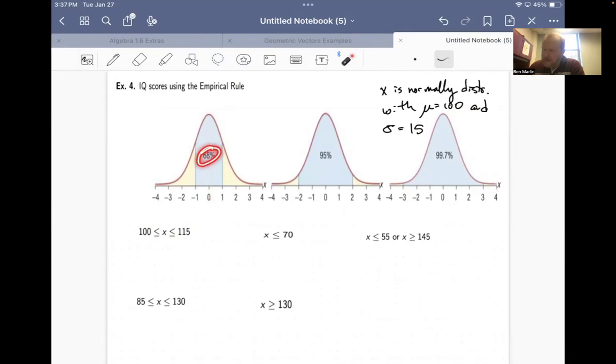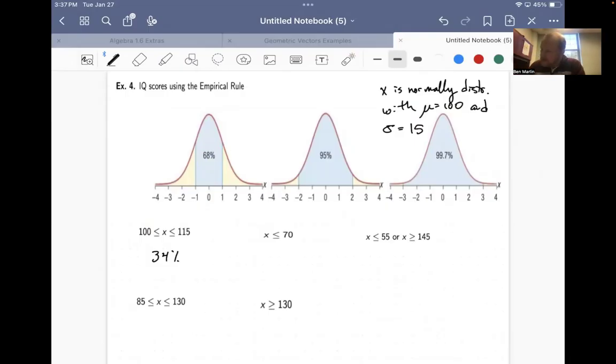Since we've got 68% in the middle and the population is symmetrical, here we're going to get 34% of the population being between 100 and 115.